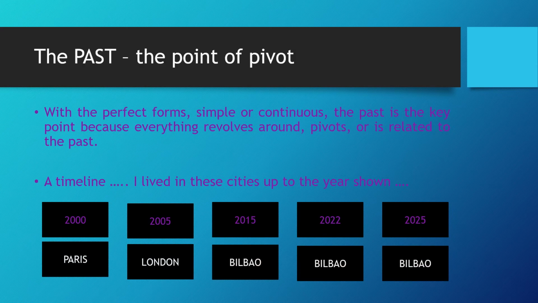So the key point in all of this is the past. The perfect forms, whether they're simple or continuous, the past is key because everything revolves around, pivots, or is related to that time, the past. The timeline shows you the names of cities and when I lived in them or will live in them.